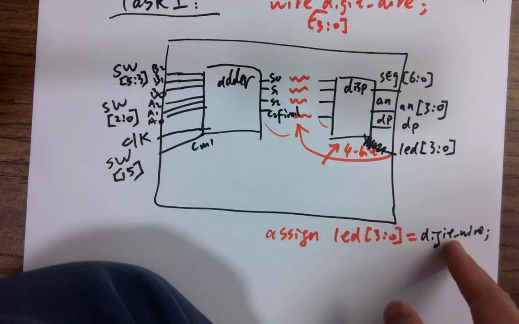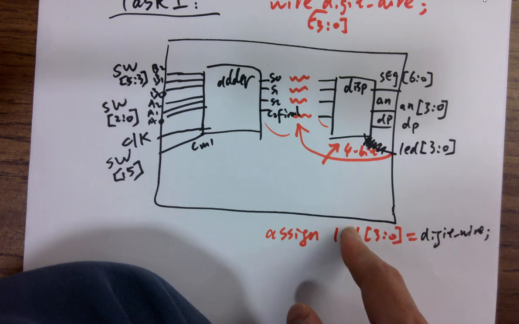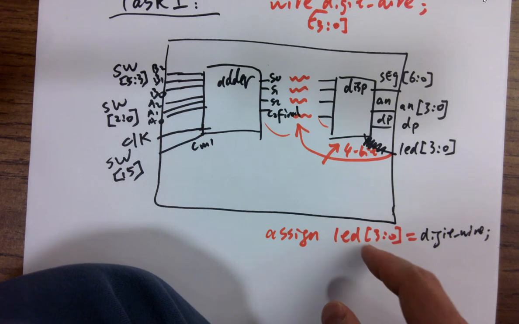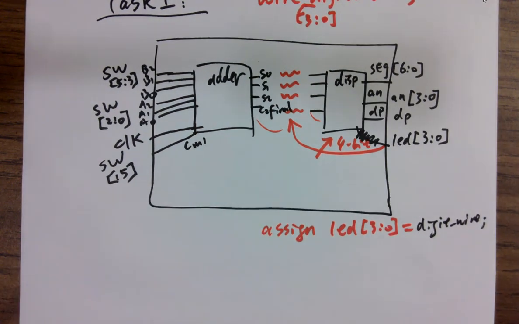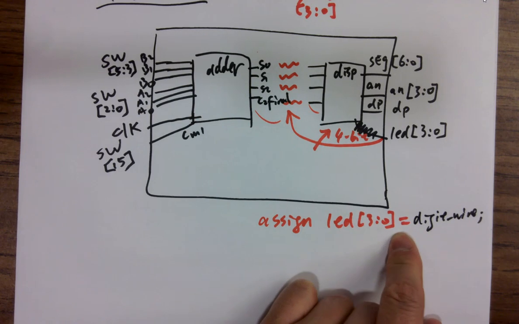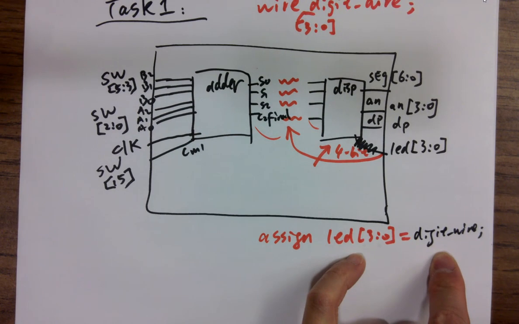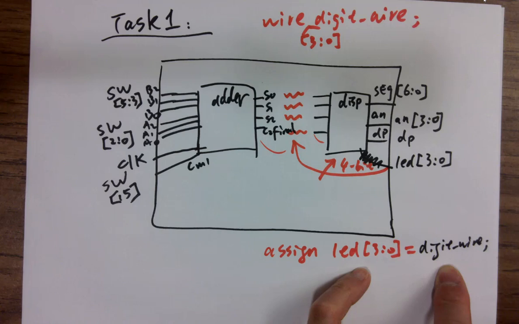If this is getting updated, and this will be given to LED 3 to 0, this will be updated as well. So it's included in the always block, but not engaged in any of the if statements, because this is always getting updated every time the rising edge of the clock arrives.